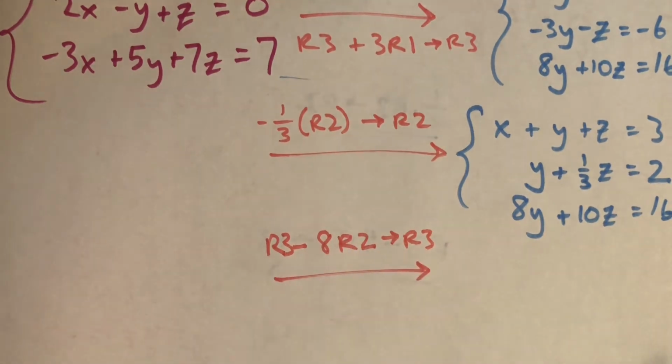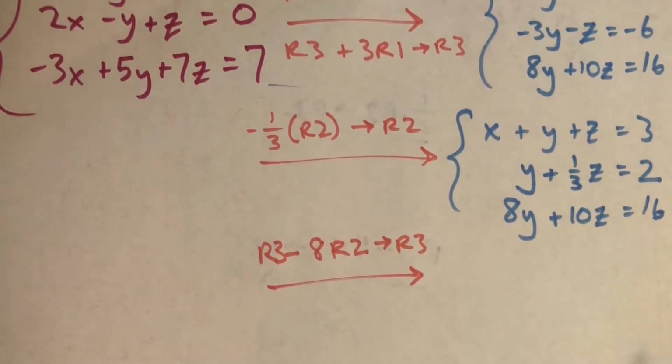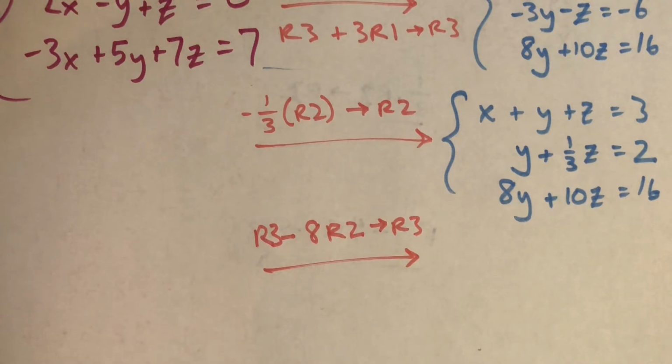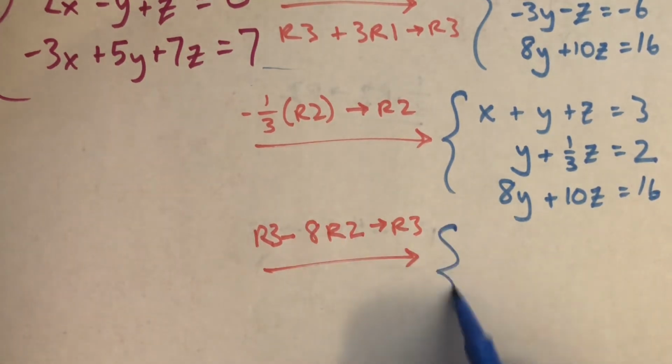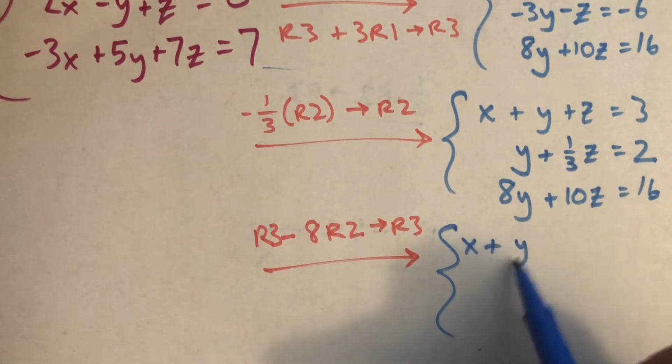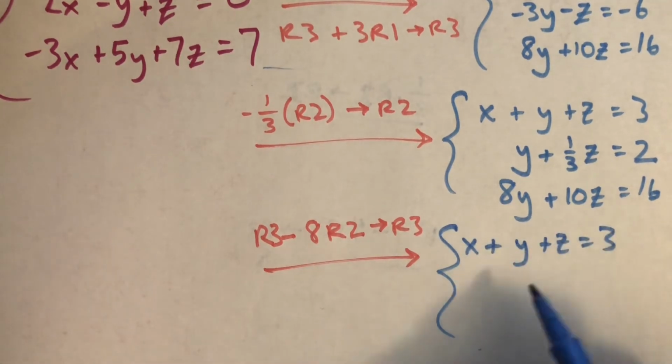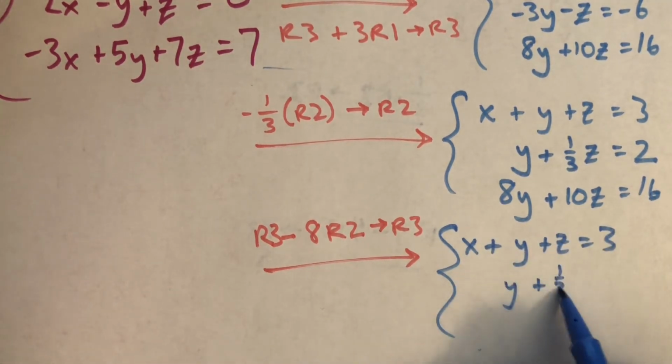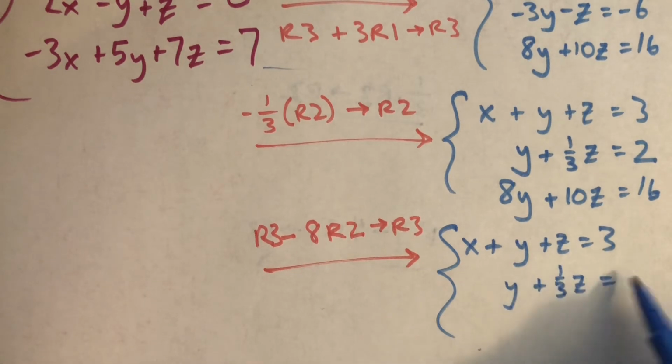We're not doing anything with row 1 or row 2, so those are staying the same. x plus y plus z equals 3. y plus 1/3 z equals 2.